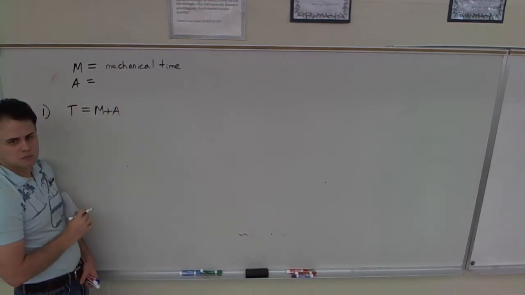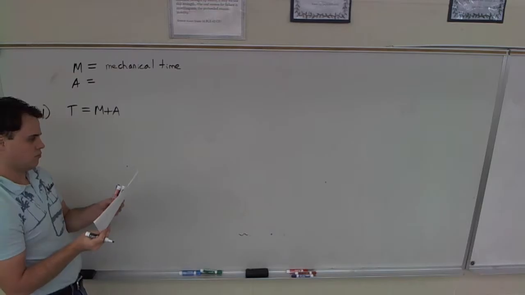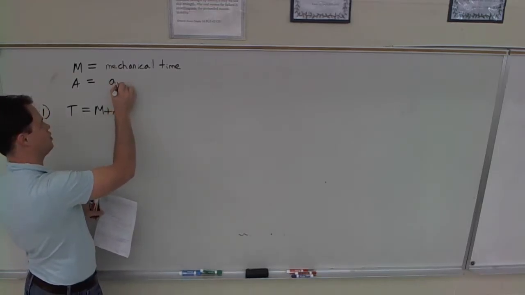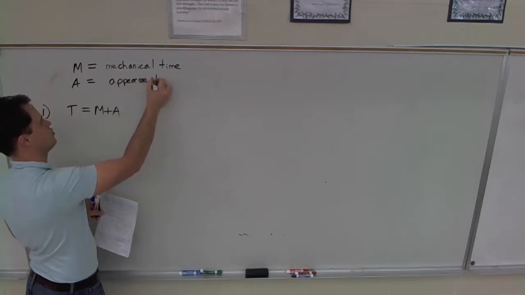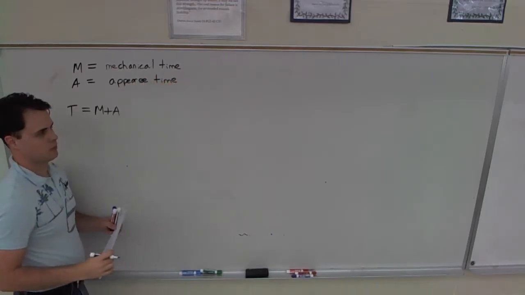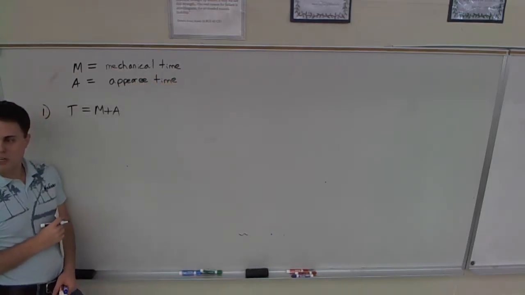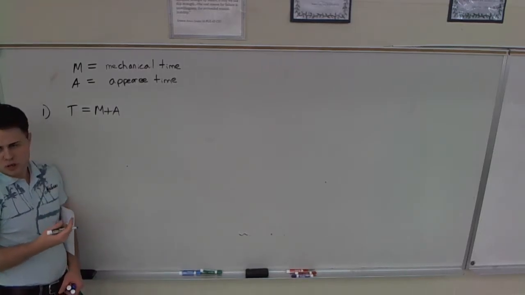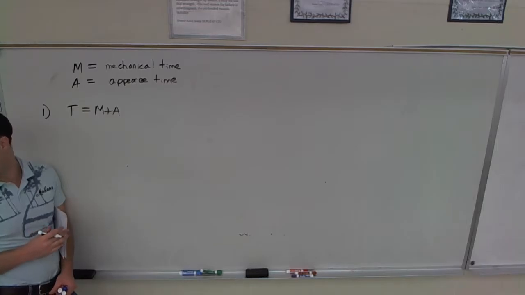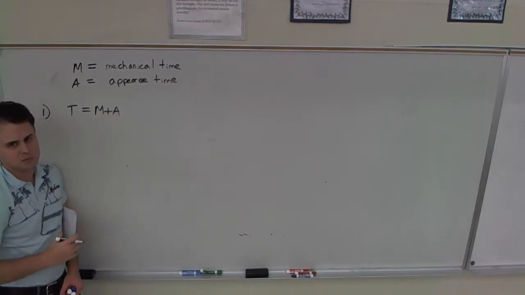A is appearance time. You could call it cleaning time, or whatever. They wanted us to find the mean and standard deviation of the combination for the total. Well, the total is obviously just going to be M plus A, right? The amount of time you spent on this one plus the amount of time you spent on that one.